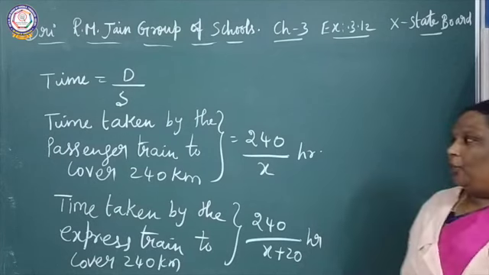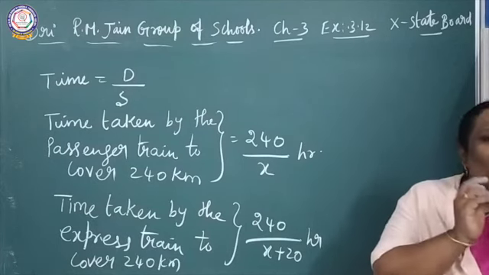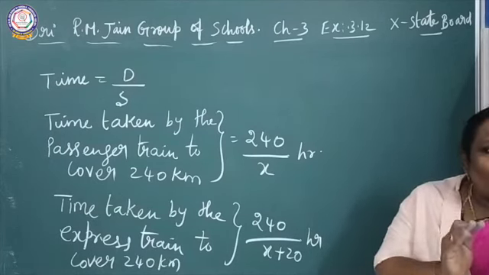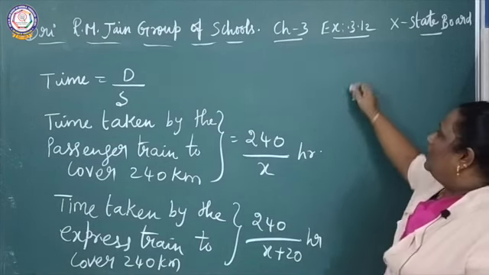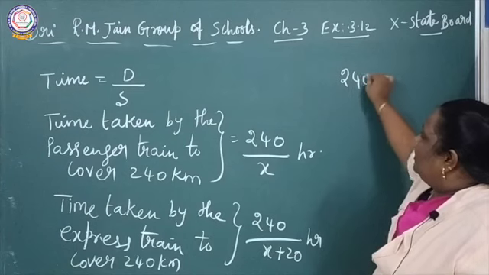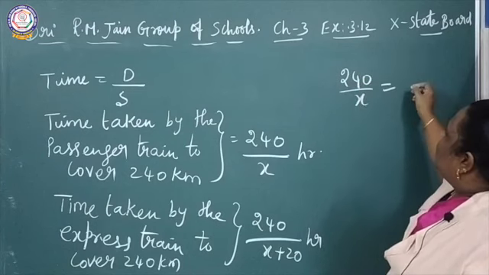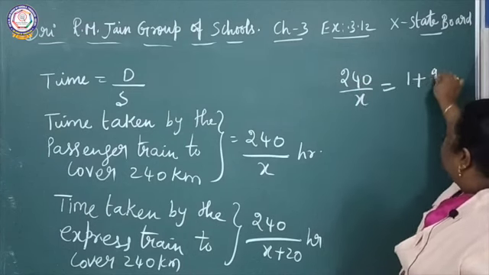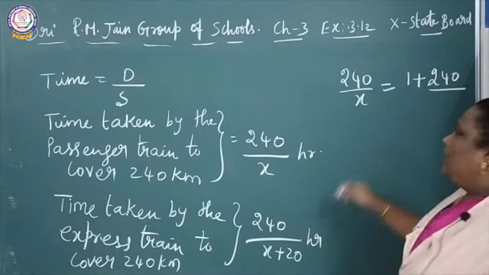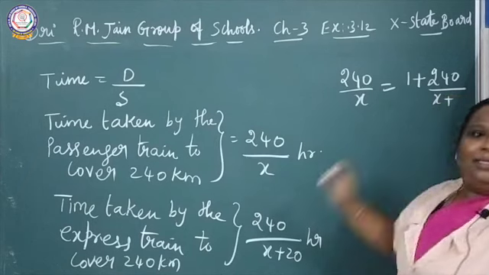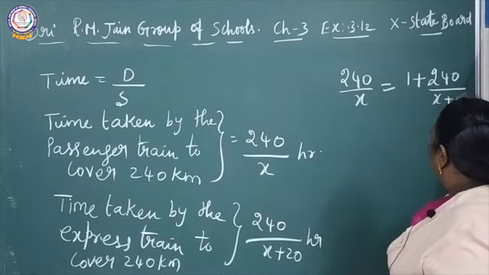According to the problem, the passenger train takes 1 hour more than the express train. So the passenger train time equals 1 hour more than the express train time, x plus 20.